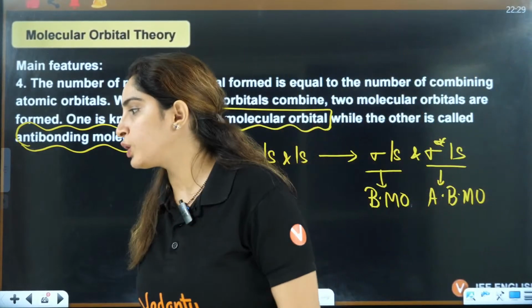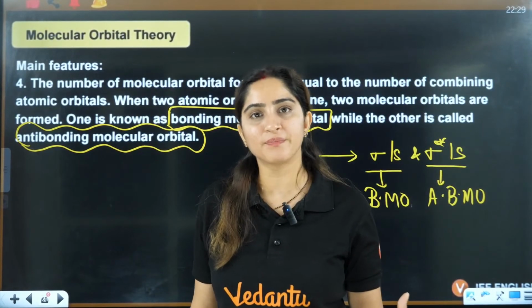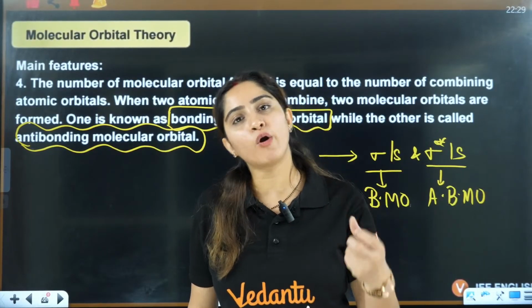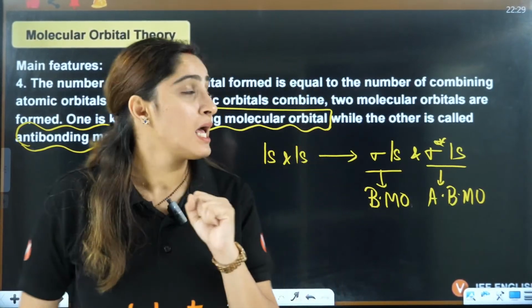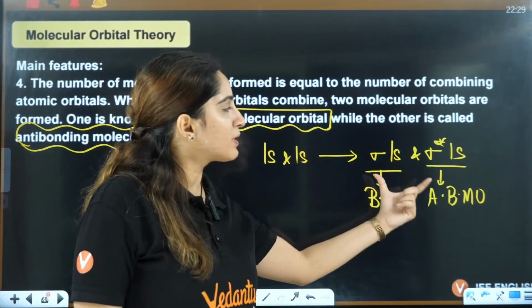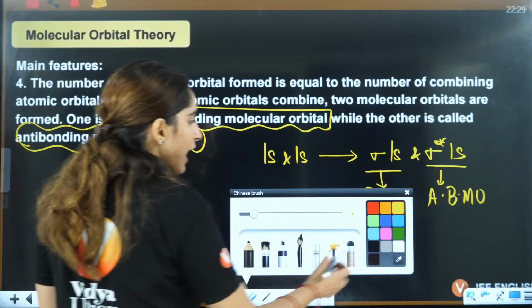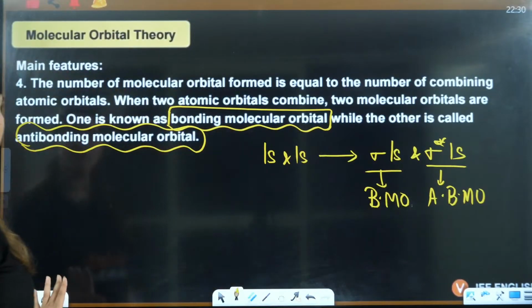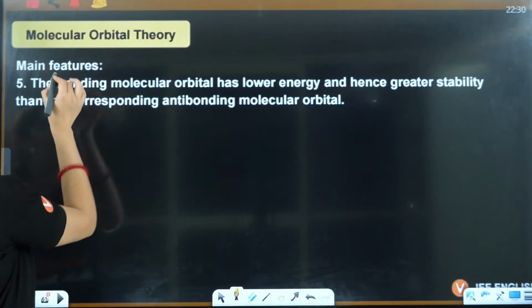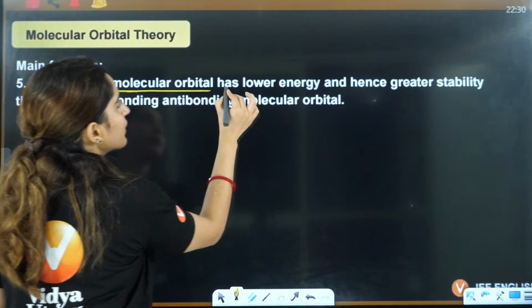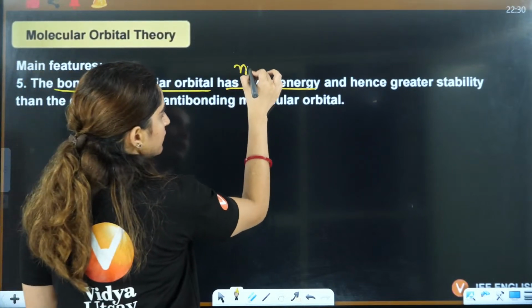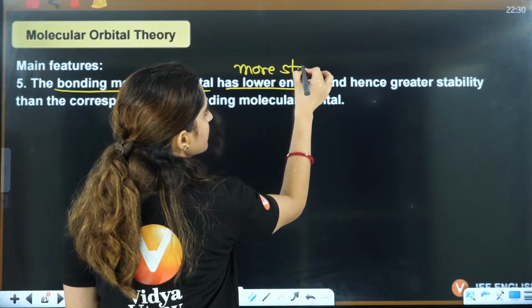Just like in a school you have principal, vice principal, right? Similarly, you have anti-bonding, you have bonding, right? Now, two atomic orbitals are combining to give you two molecular orbitals, and one will be higher in energy, one will be lower in energy. Let's talk about that. The bonding molecular orbital has lower energy. That means it has more stability.